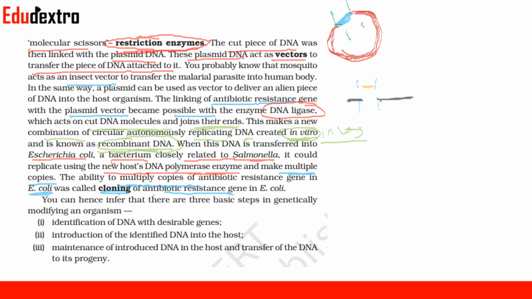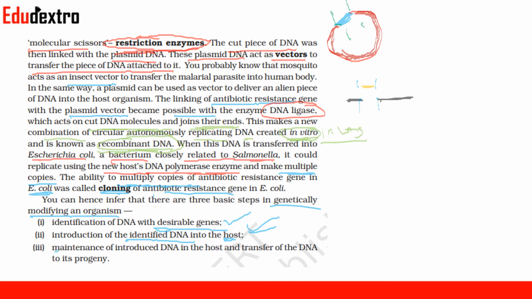You can hence infer that there are three basic steps in genetically modifying an organism. Firstly, we have to identify the DNA with the desirable gene. Secondly, we have to introduce this DNA into the host, right?